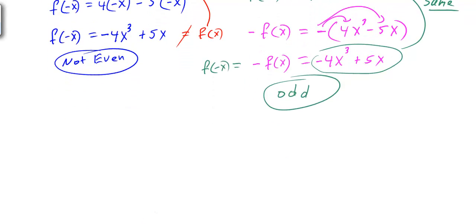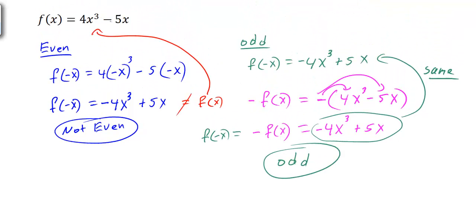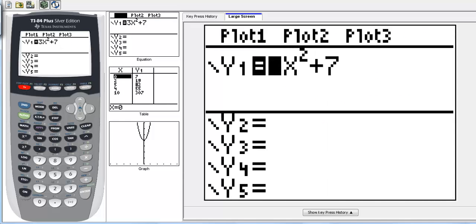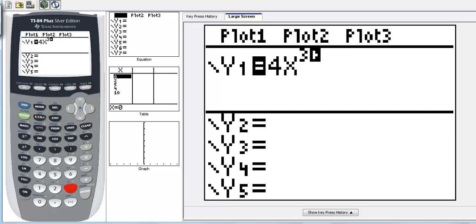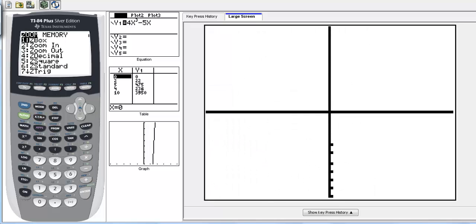So if we look at the graph of this function here, we have 4x cubed minus 5x. So if I type in 4x cubed minus 5x, whoops, let's clear this out. So we have 4x cubed minus 5x, and I'll go to zoom standard.